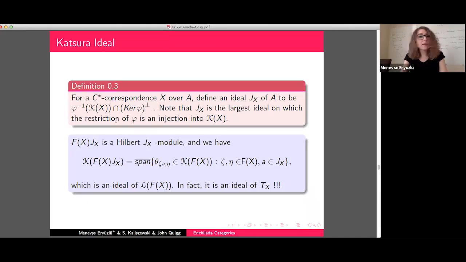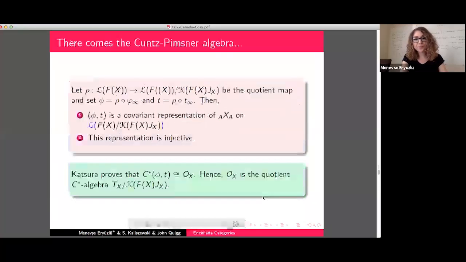Jx could be the entire A, and an example for that situation is when X is an imprimitivity bimodule. And now the compact operators on this Hilbert module are a very important one for us. It's not easy to see at all, but this is actually an ideal of the Toeplitz algebra.